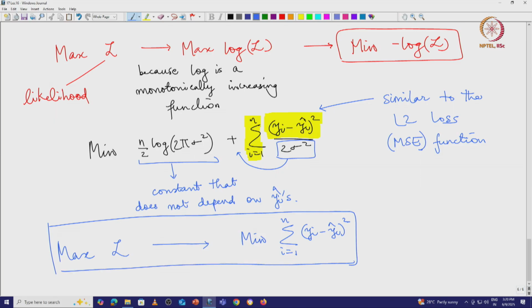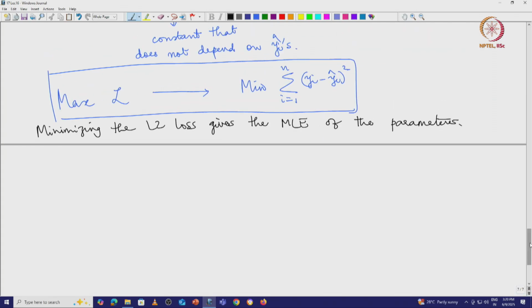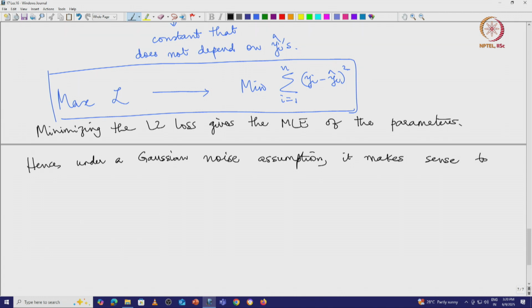So, this proves that minimizing the L2 loss gives you the maximum likelihood estimation of the parameters, okay, and therefore under a Gaussian noise assumption it is the most suitable loss function. The L2 loss function.